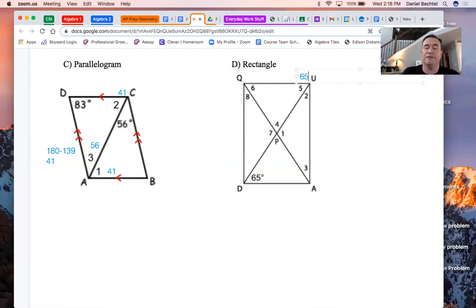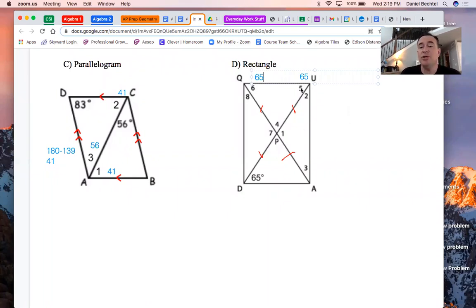I also know that since I have congruent diagonals and those diagonals bisect each other, this and this and this and this are all congruent to each other, which means we're looking at isosceles triangles. So the base angles of these triangles will also be congruent. If that one's 65, then this one right here also has to be 65 because they're the base angles.